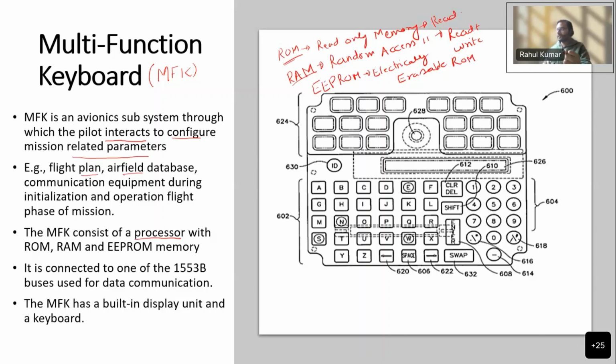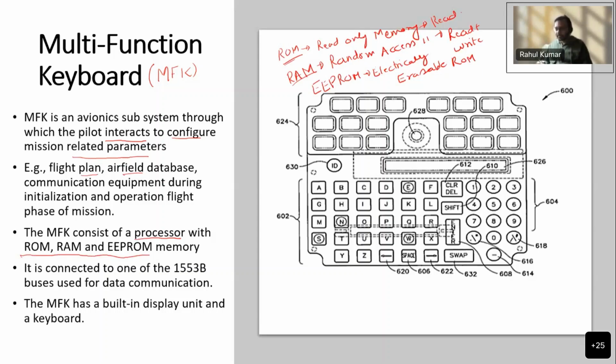Basically in this you can read, write and erase all the memory, and then write it again. So it is a kind of rewritable memory. So the MFK consists of all these different types of memory.